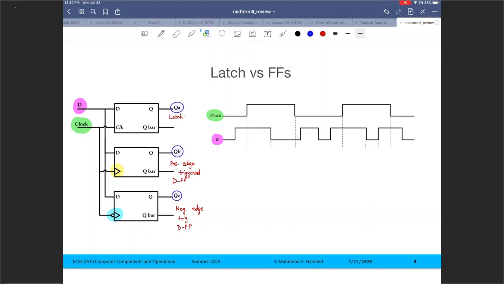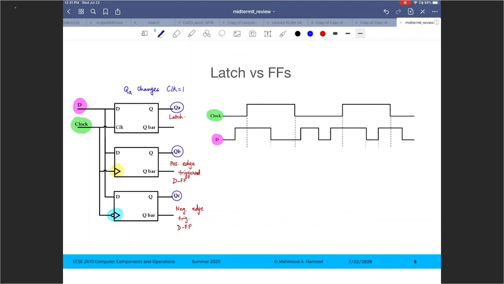Let us start with the first one. For the first one, you know that QA changes when CLK equals 1. Latches are level sensitive.